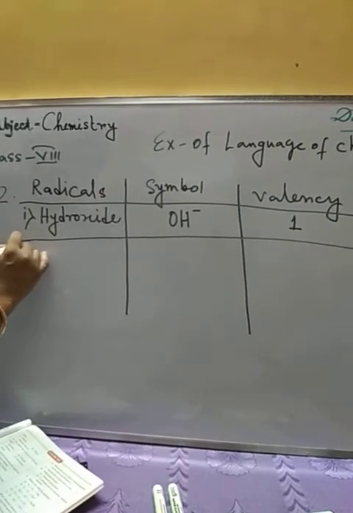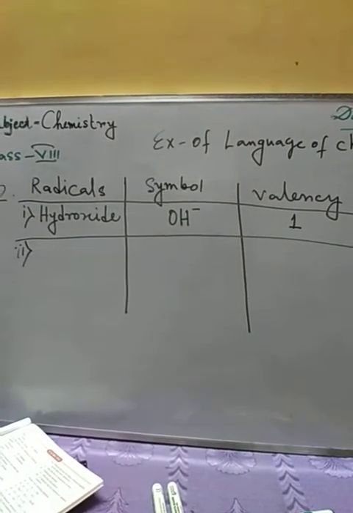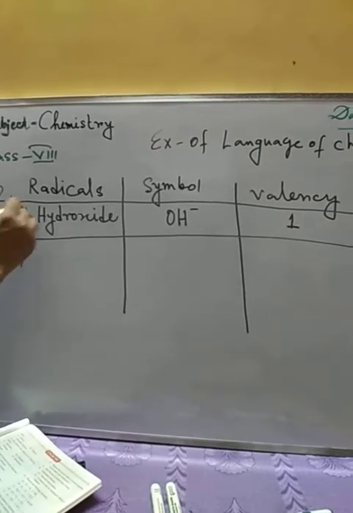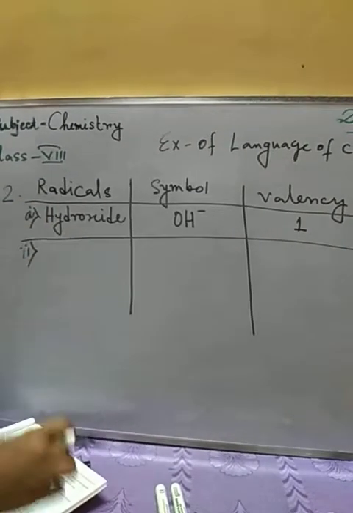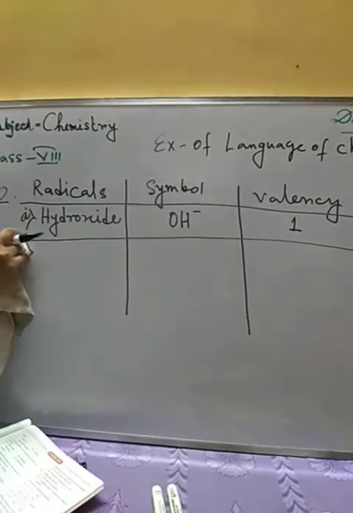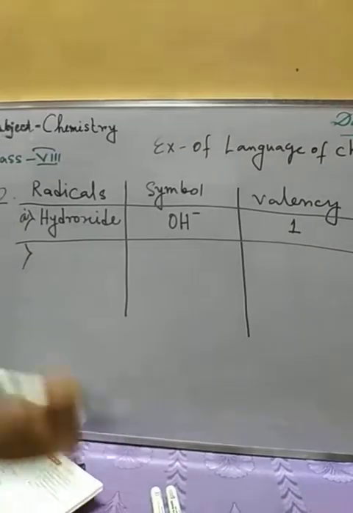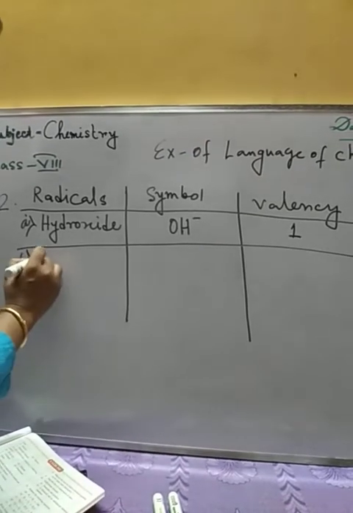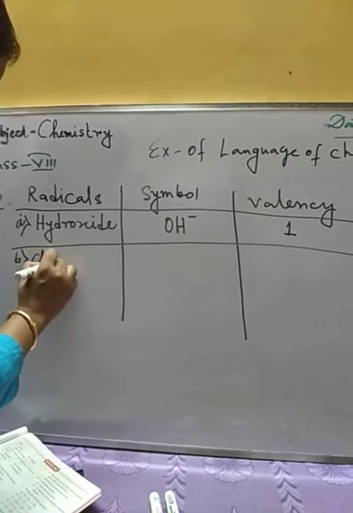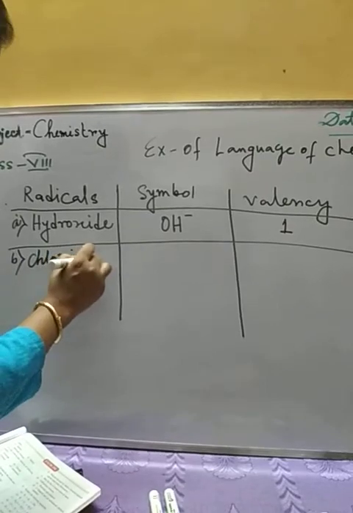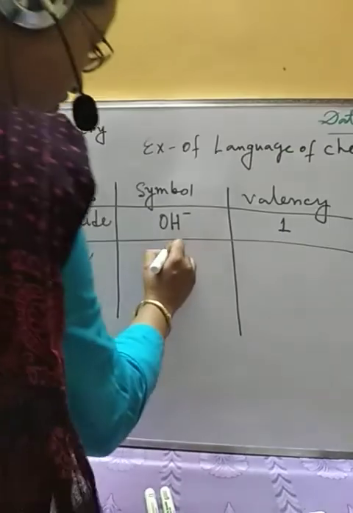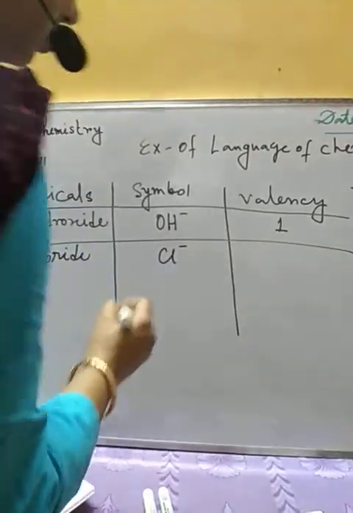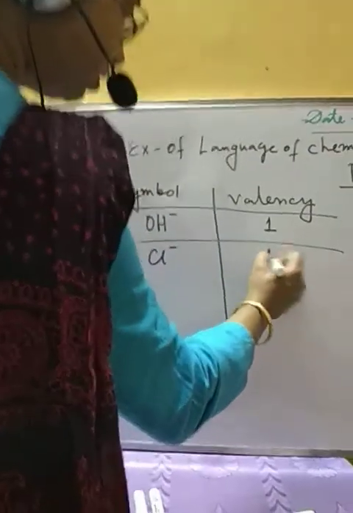Second one is chloride, Cl minus. Here also we are getting the valency as 1.